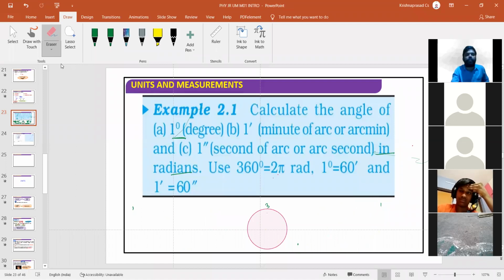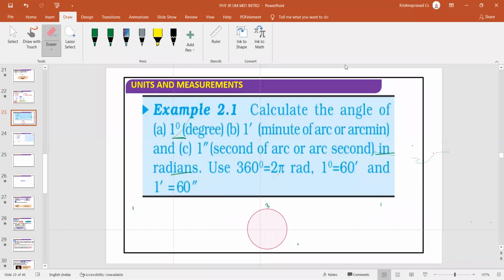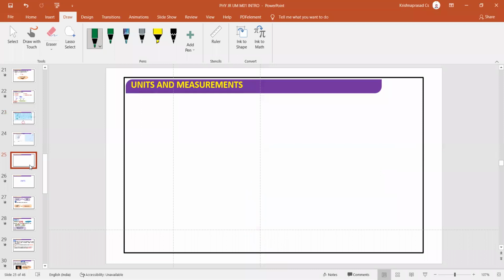The last question is for 1 second. How to find the value of 1 second?